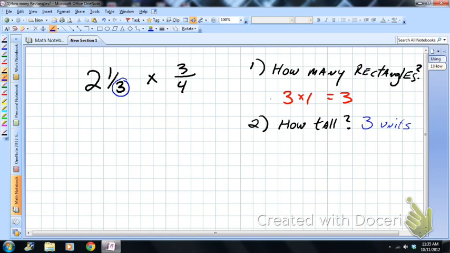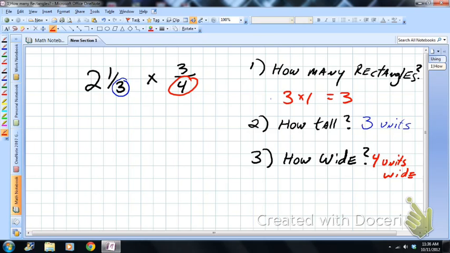And then we need to figure out how wide to make them. We get that by looking at the denominator of the second fraction. That's a 4. So we want those rectangles to be 4 units wide.